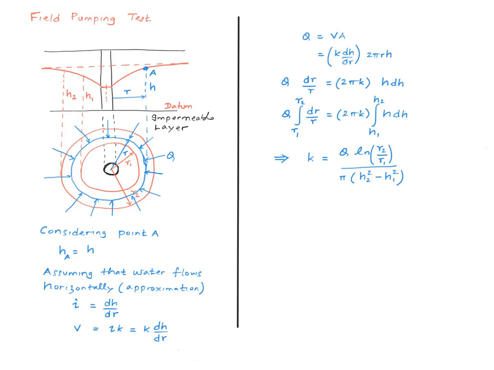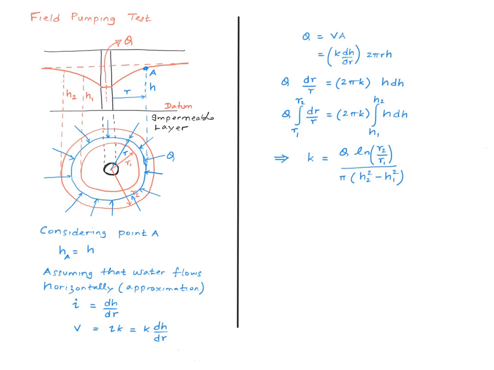So what you do is you drill a borehole and keep pumping water from this well. And let's say the rate at which you are pumping the water is Q. At some stage, conditions are going to reach steady. At that stage, the location of the water table will stabilize.